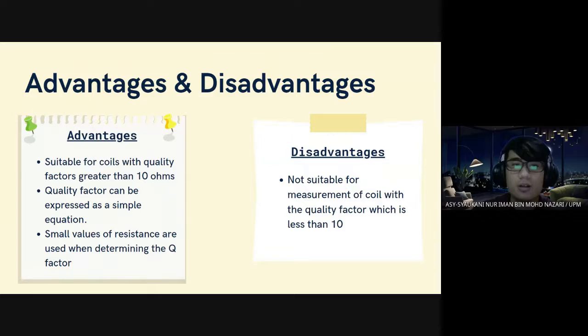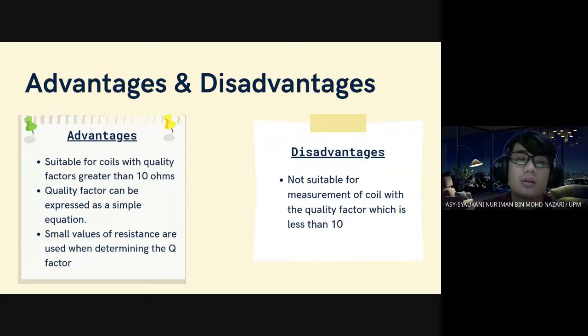Next, the advantages and the disadvantages of Hay Bridge. First, let me go through the advantages. For the first point, it is suitable for coils with quality factors greater than 10.